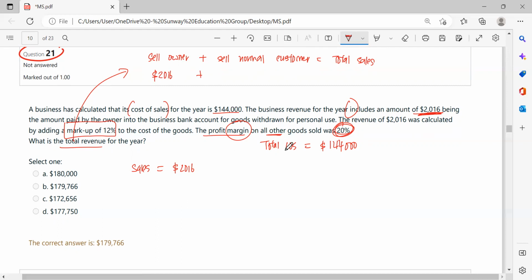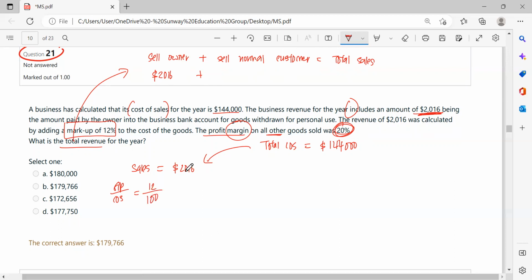So first of all, I have to find out how much is the cost of sales of selling to the owner, because the total cost of sales includes this also. So let's use the markup. The markup is gross profit over cost of sales, equivalent to 12 over 100.